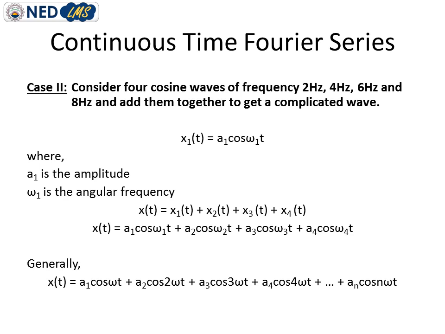So here we are adding up 4 different frequency cosine waves to get a complicated waveform. The amplitudes are different, represented by A1, A2, A3 and A4 respectively, and again the frequencies are 2, 4, 6 and 8 Hz, which can be represented by omega 1, omega 2, omega 3 and omega 4 respectively.